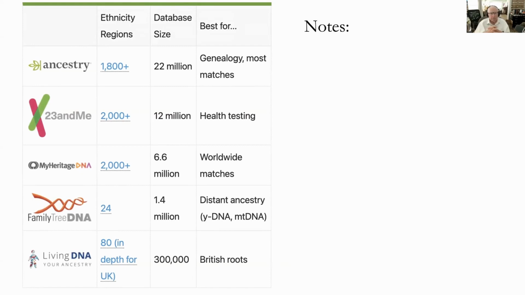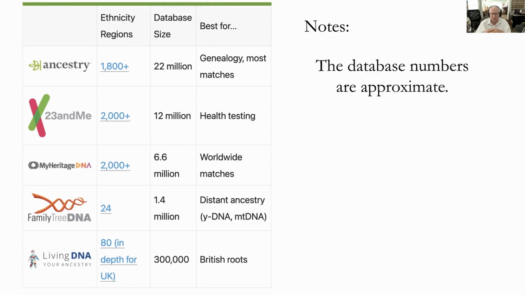Now, in case you're wondering, in the United States, there are 5 DNA companies that have enough information to be considered genealogically significantly important in DNA testing. So when you're looking at these companies, you have some different considerations.